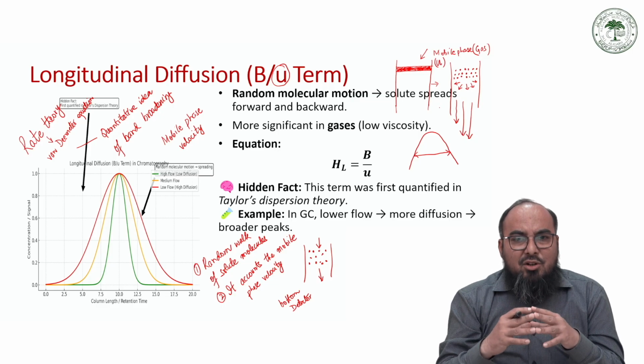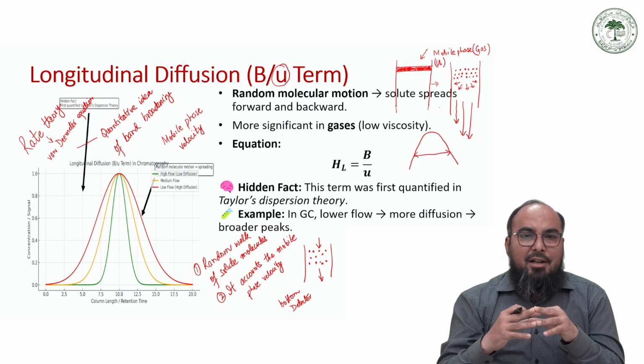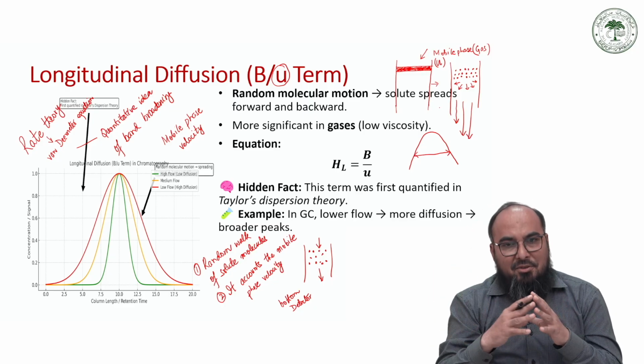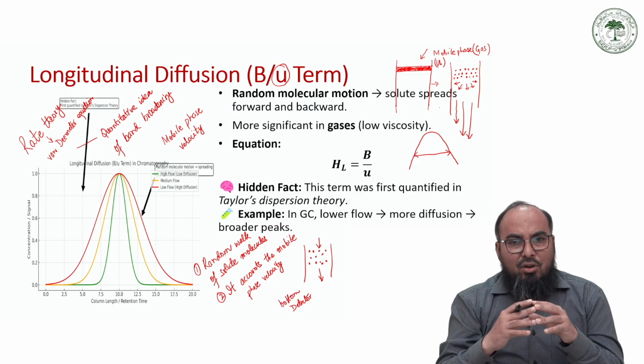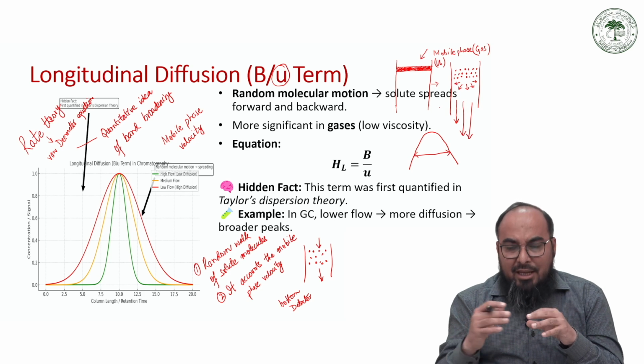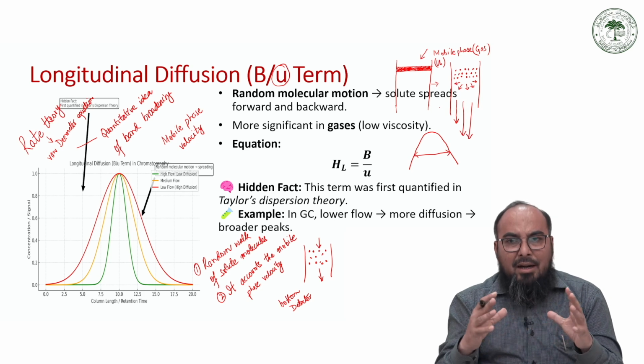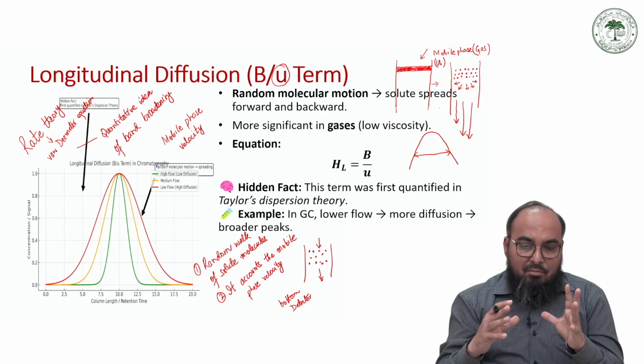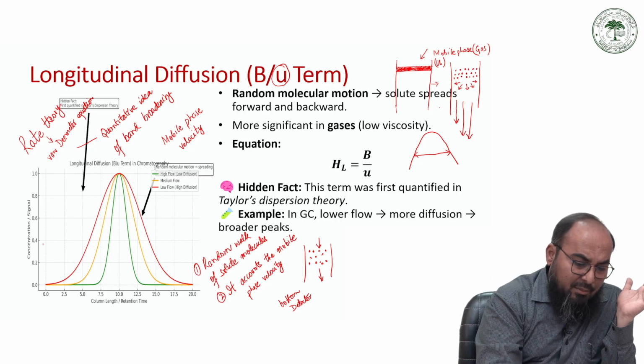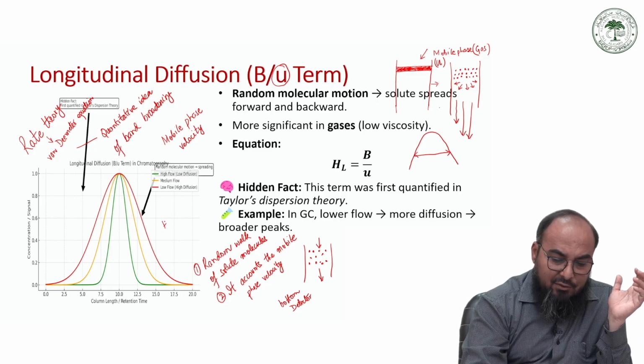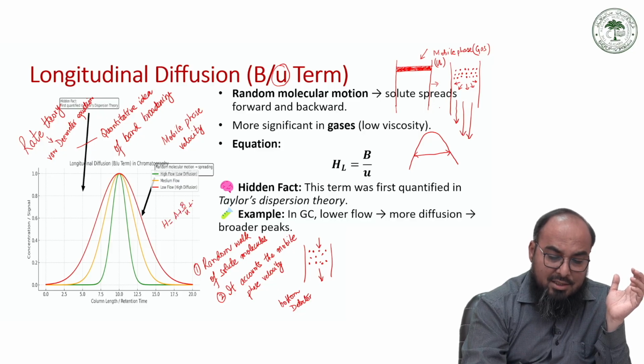Now this dispersion can also be related to Taylor's dispersion theory. Okay, so at this point of time, in order to avoid this band broadening, you have to increase the velocity. But mind that your Van Deemter equation, if you remember, was H is equal to A plus B upon u plus Cu.